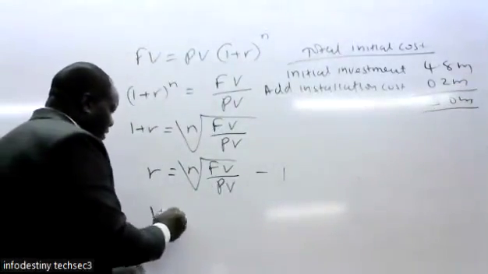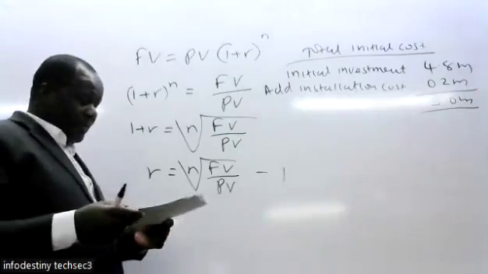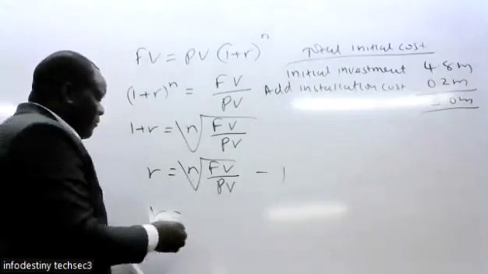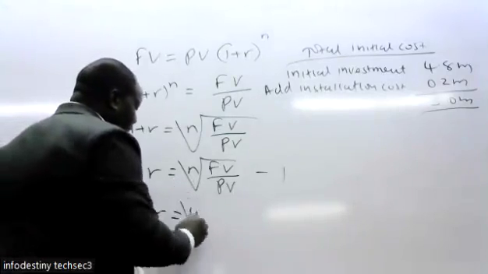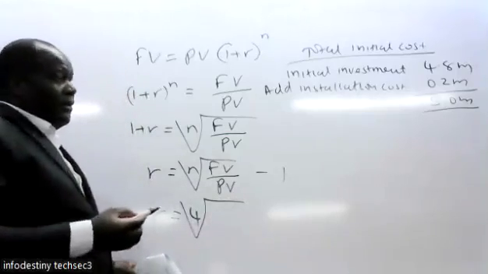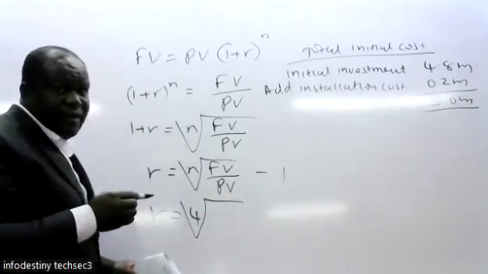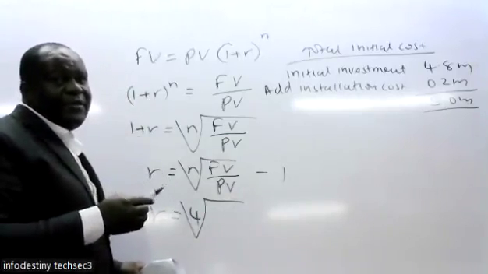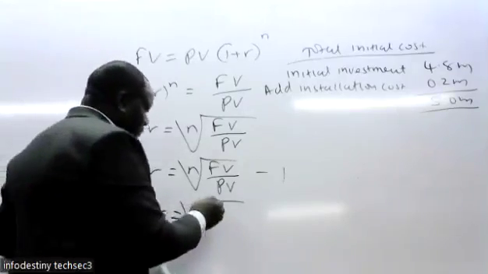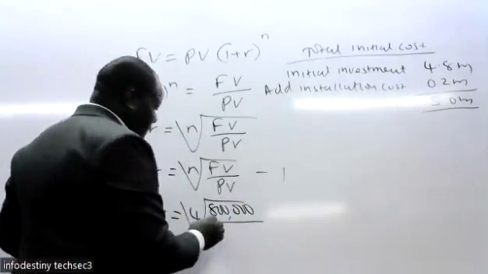So now our R, N is the economic life of the project. The project was supposed to be there for how many years? 4 years. So N will be 4. Future value is the salvage value. How much was the salvage value? 800, so it will be 800,000 divided by 5 million.